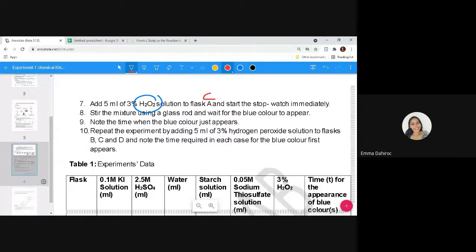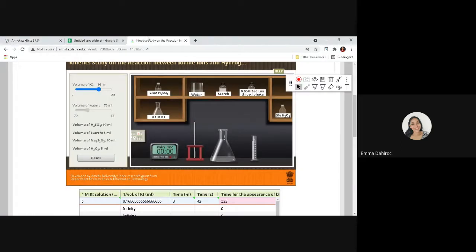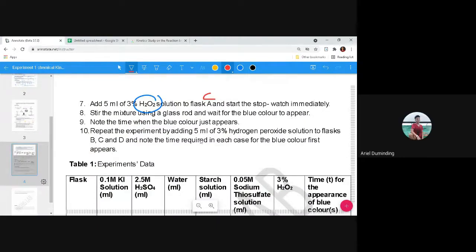Number 7. Add 5 ml of 3% hydrogen peroxide solution to flask A, and start the stopwatch immediately.